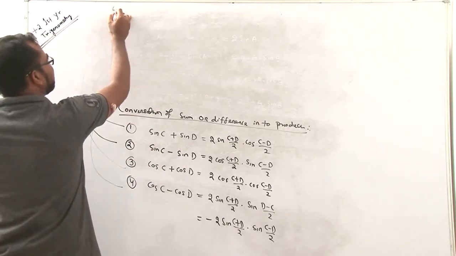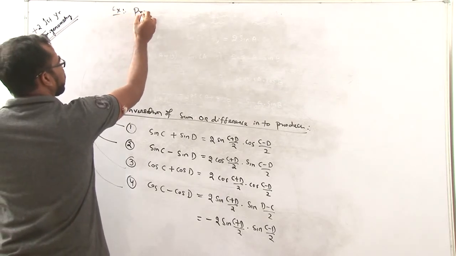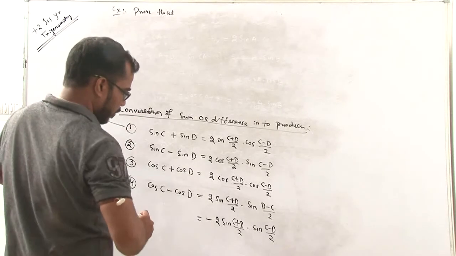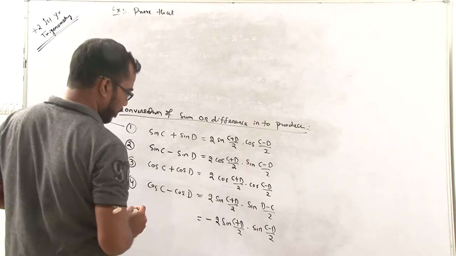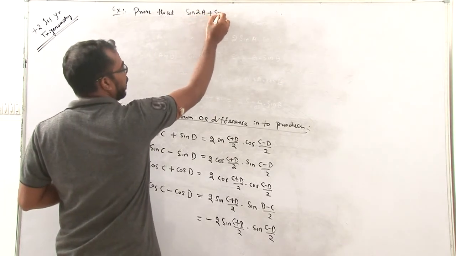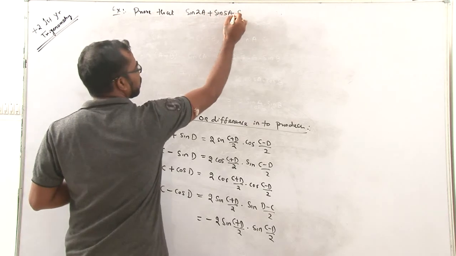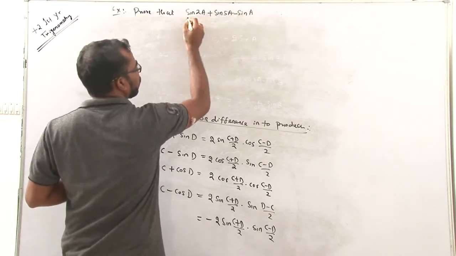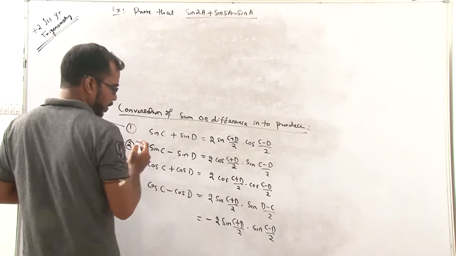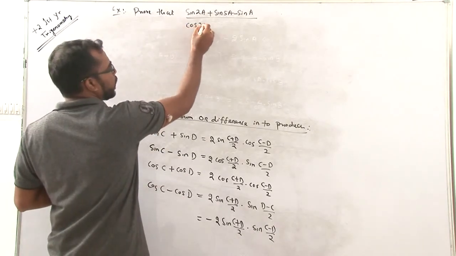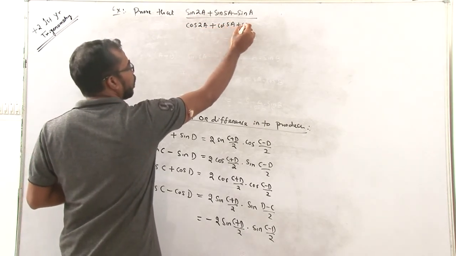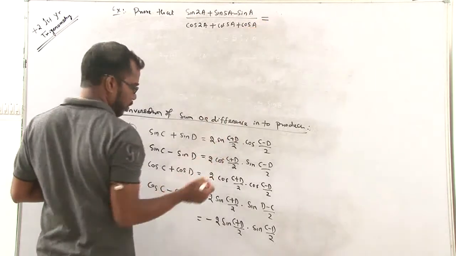Suppose, in an example, prove that (sin 2a plus sin 5a minus sin a) by (cos 2a plus cos 5a plus cos a) is equal to tan 2a.